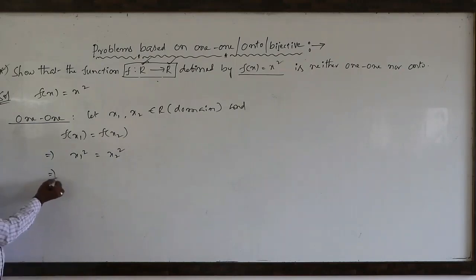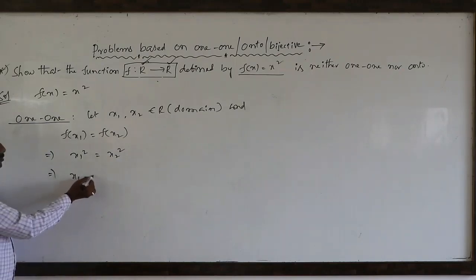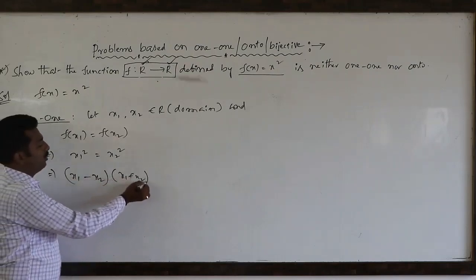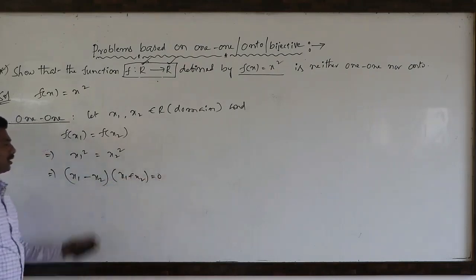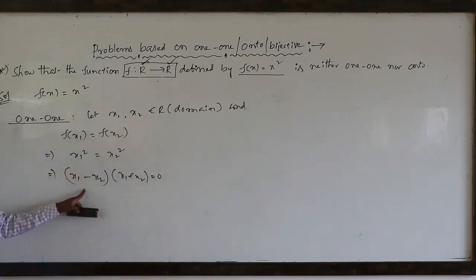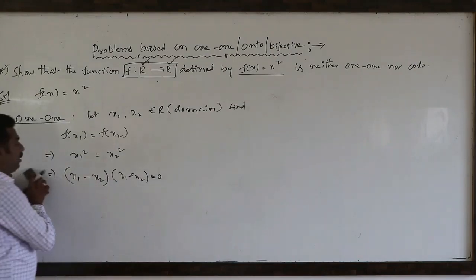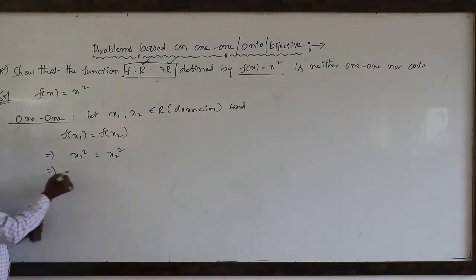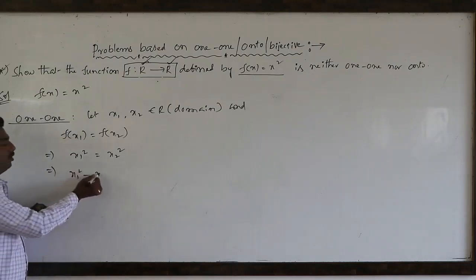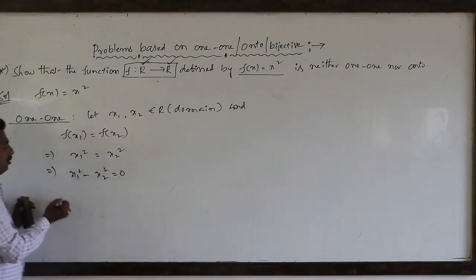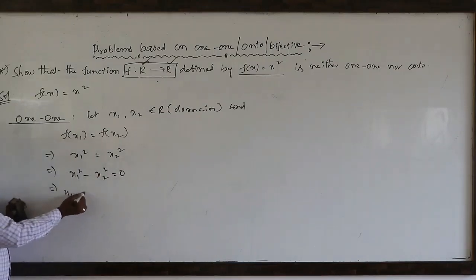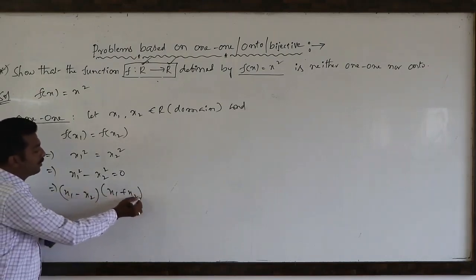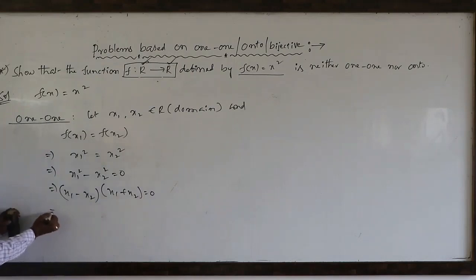So we can write x1 square minus x2 square equal to 0, so x1 minus x2 into x1 plus x2 equal to 0.